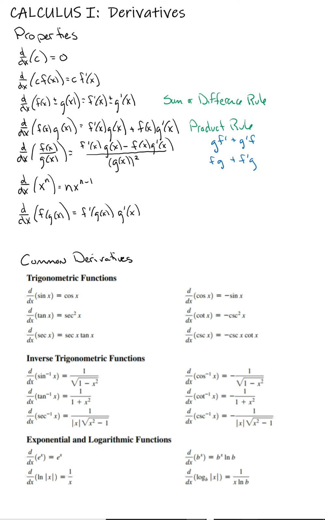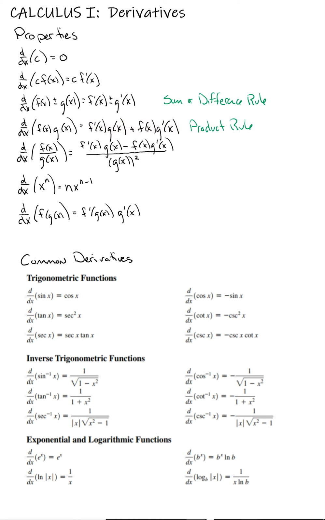There are probably half a dozen other ways of writing it, all of which are correct. However, I like to remember it in this fashion. Again, that is the derivative of the first function times the second function plus the first function times the derivative of the second.